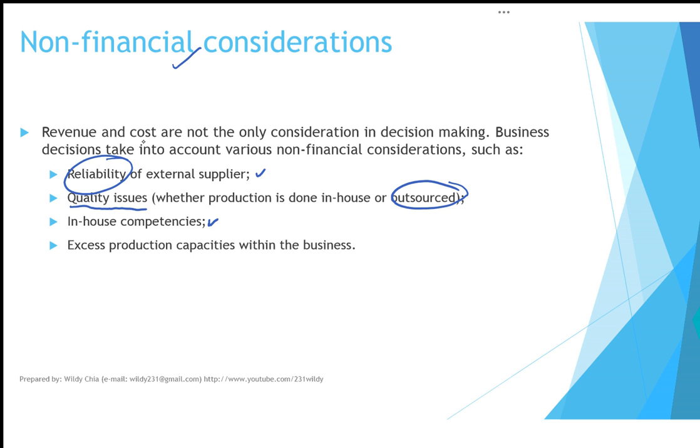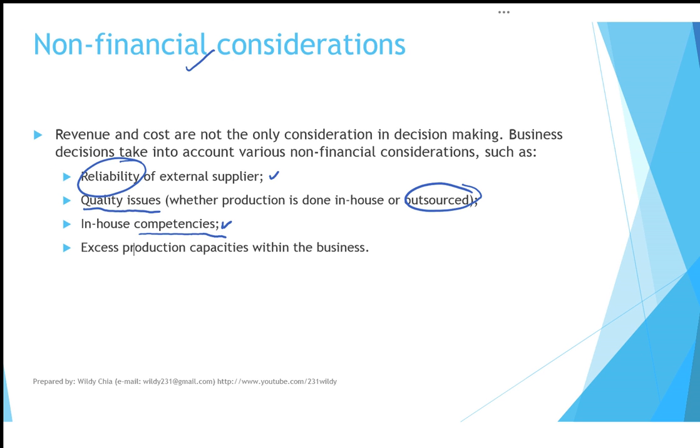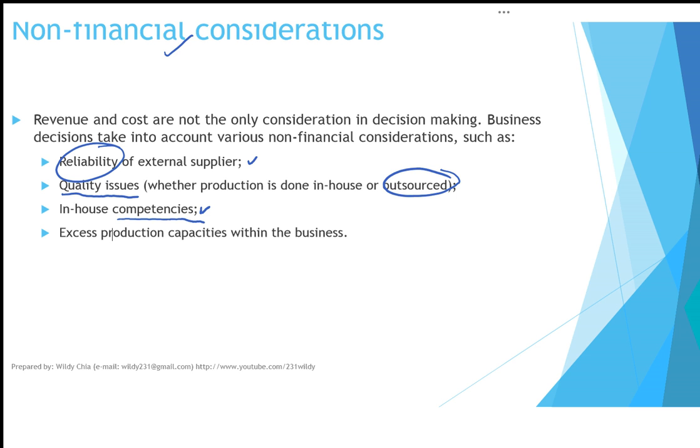Okay, next, in-house competencies. Right, in many cases, it's quite attractive to produce the goods in-house. Right, because if everything is produced in-house, you could control quality, you could ensure that costs can be controlled. However, to be able to produce in-house, right, one of the very important things to consider is whether there are people with the right skill set to produce the required goods and services.